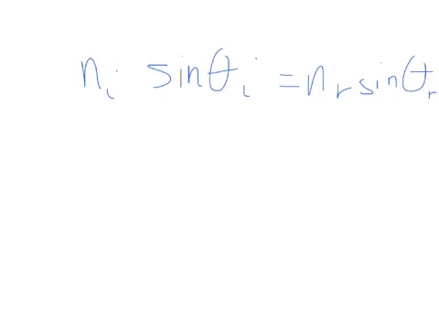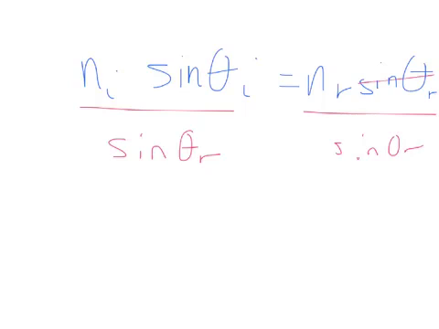If this were like sine of x, and you're trying to find x, you will use an inverse. If you're trying to find a variable, you divide by the whole thing, sine theta r on both sides. Right, Phil? That's what you're trying to do? Yeah. So divide by the entire thing, sine theta r, and these cancel, giving you Nr. And now you have Nr.